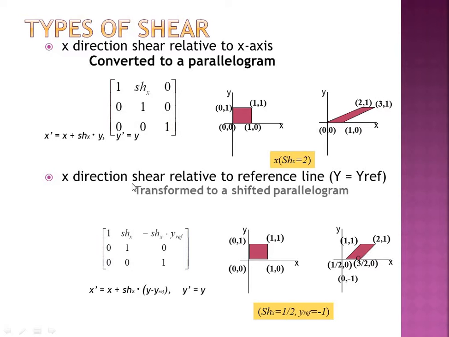Now we come to the next type of shear, which is x direction shear relative to some reference line, and the reference line will be given as y equal to y reference.